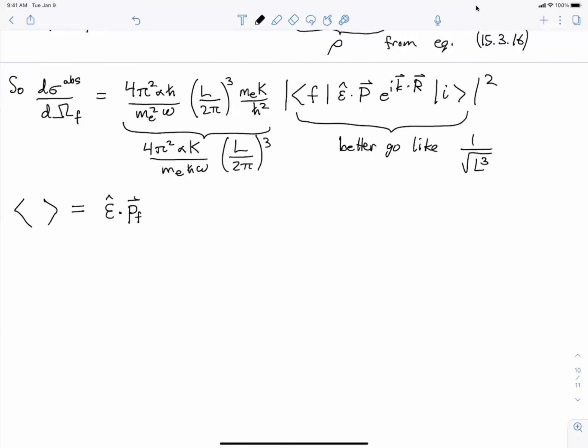Okay, so we've got rid of that operator. And now the rest of it we can evaluate in position space. So we're going to be doing a big integral over the box. And now we can write down what the wave function of the final state was. This is our factor of A.